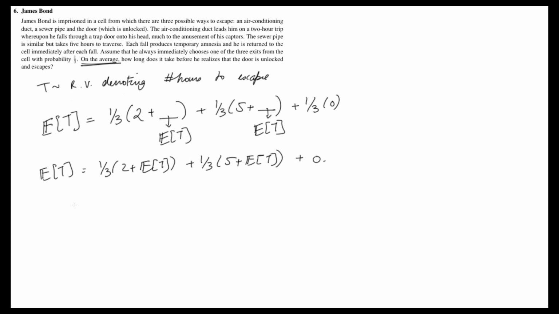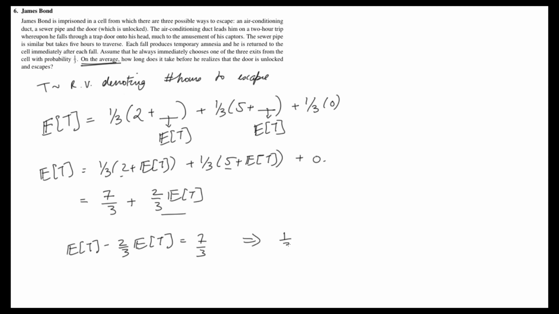Which is equal to 7/3, taking only the 5 and the 2 out, plus 2/3 the expectation of T. Now pulling this to the other side, we have the expectation of T minus 2/3 the expectation of T is equal to 7/3, which implies 1/3 the expectation of T is equal to 7/3.